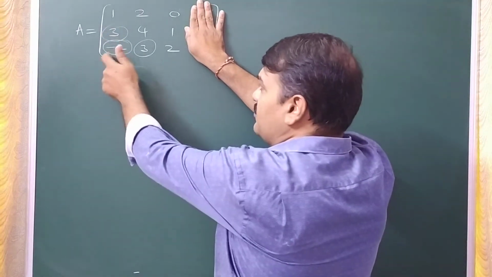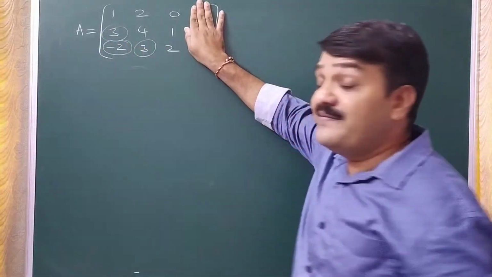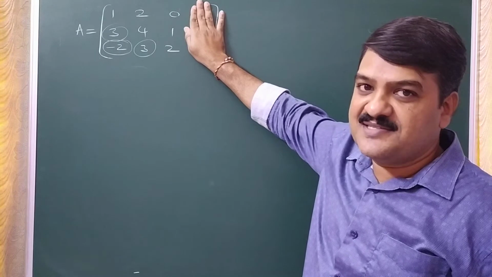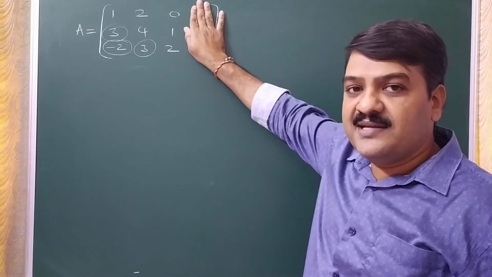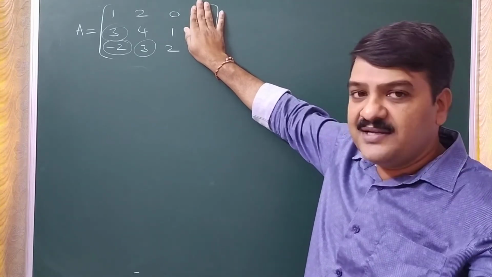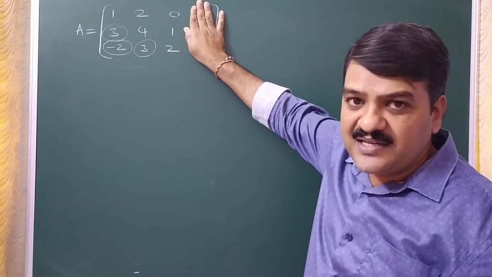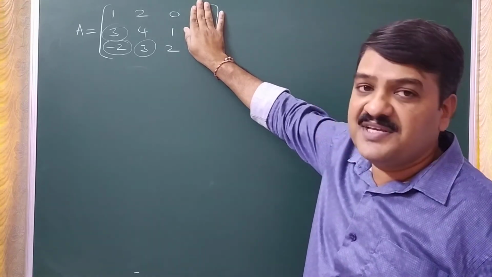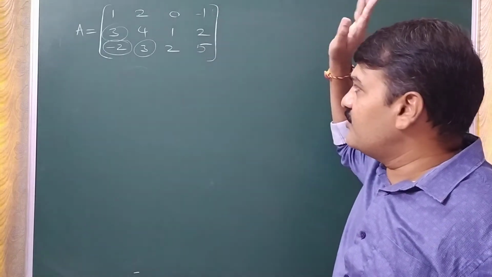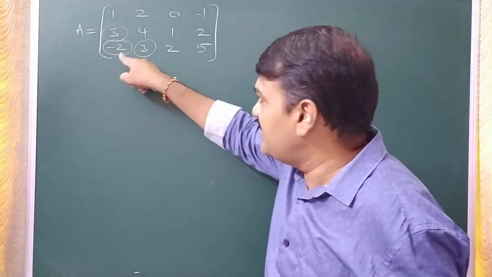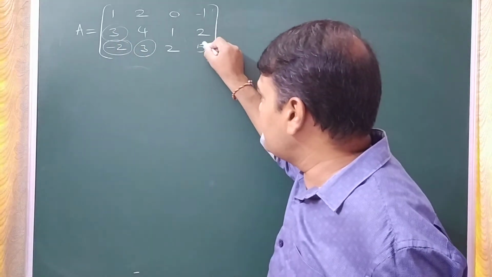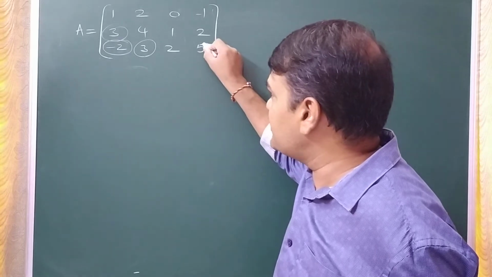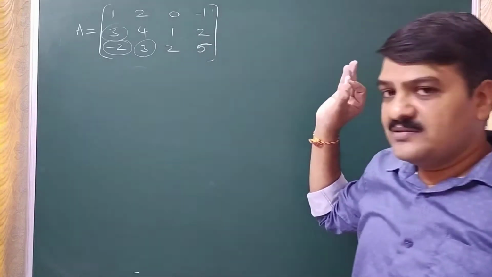If I get zeros in these places, I will get an upper triangular matrix. So if I get an upper triangular matrix, the determinant is directly the product of the diagonal elements. So without calculation we can say. Therefore we will try to get zeros in these 3 places by using elementary transformations only.